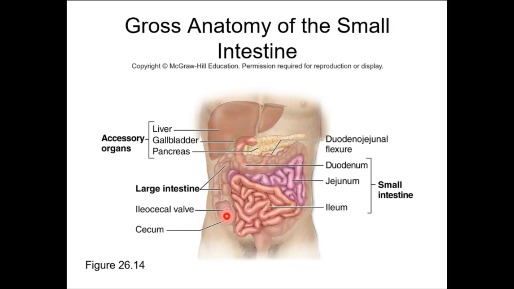I mentioned earlier plicae circulares, or circular folds of the small intestine. They are much foldier in the jejunum. The ileum, by contrast, is much smoother. So we go from an area of much more capacity for absorption in the jejunum, and then we gradually transition to an area that's less folded and less capable of quite that amount of absorption.